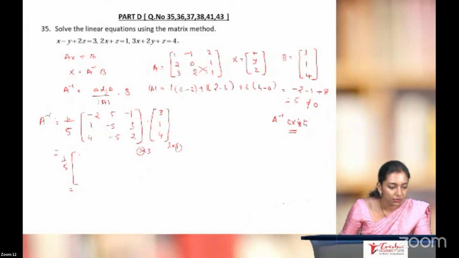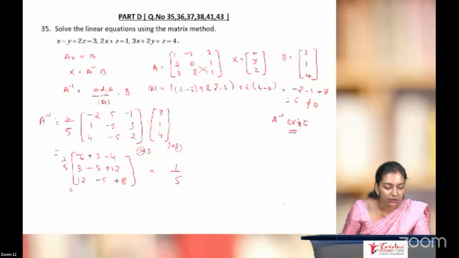So minus 2 into 3, so minus 6 plus 5 minus 4; next, 3 minus 5 plus 12; next, 12 minus 5 plus 8. Just simplify this. So you get minus 10 plus 5, so minus 5 you get.